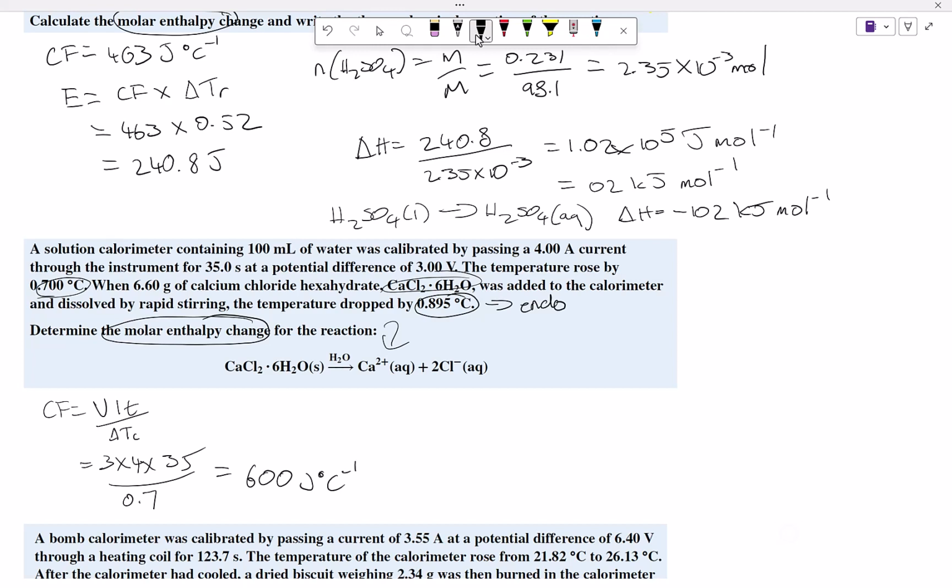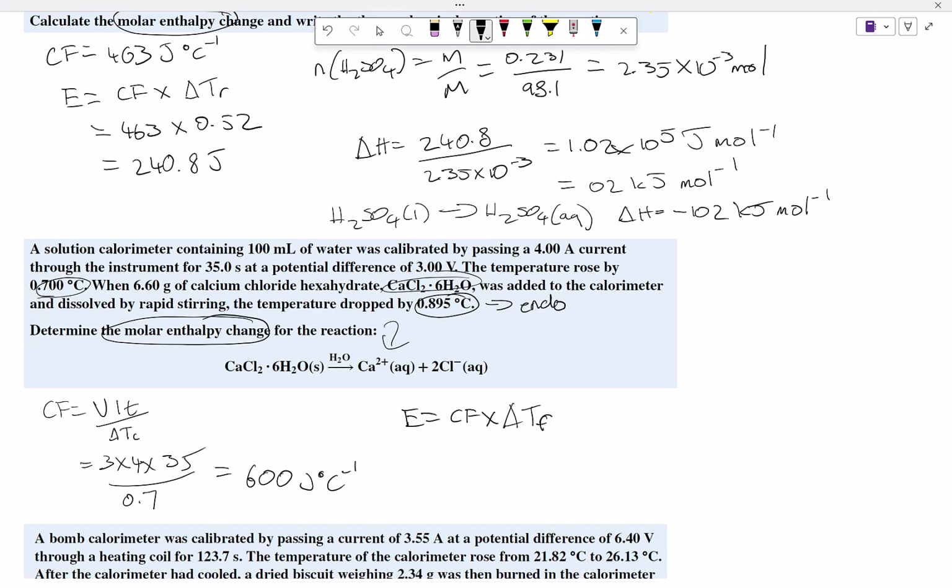Keep that in mind. It's a good way to check if your answer is correct. So we want to look at how much energy was absorbed. So energy equals calibration factor times delta T.